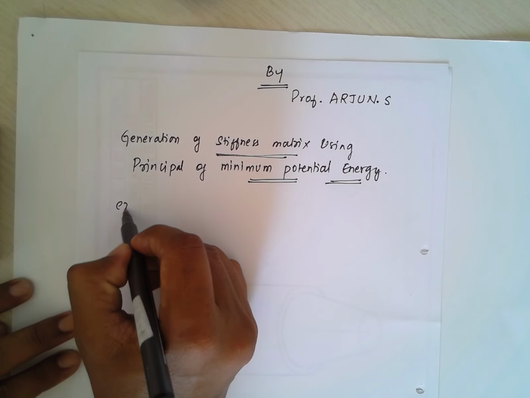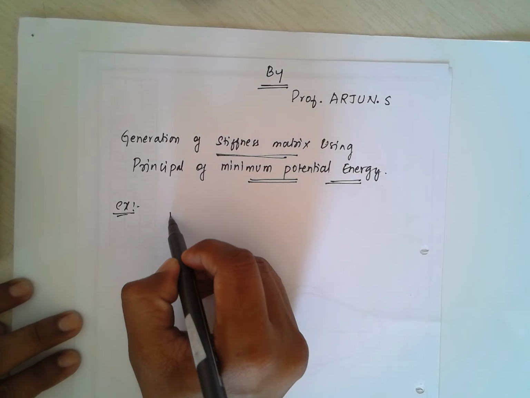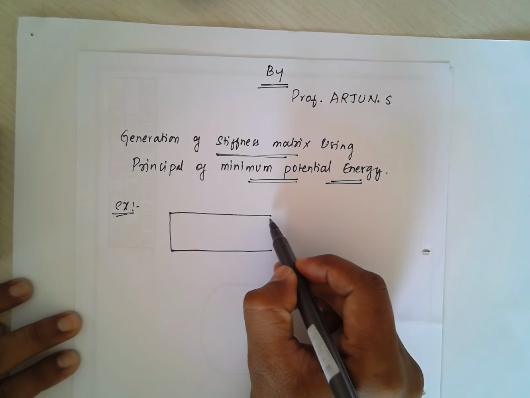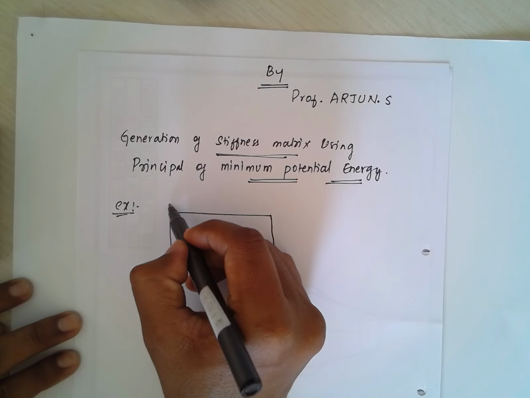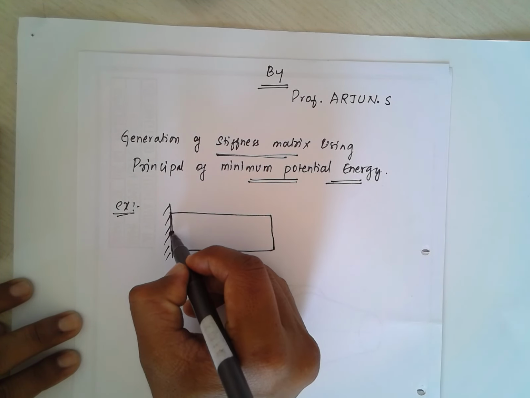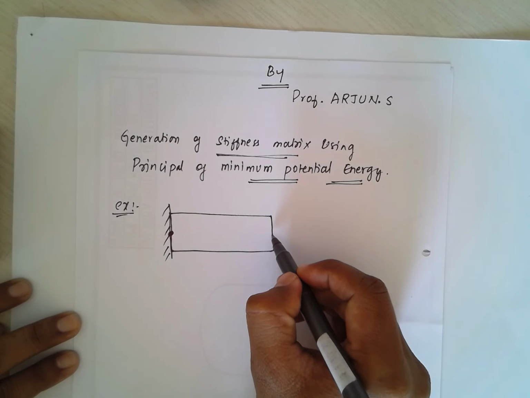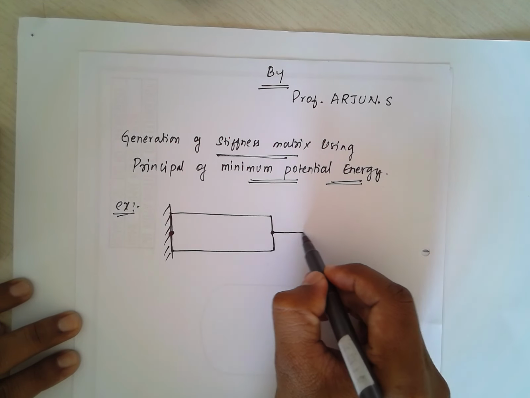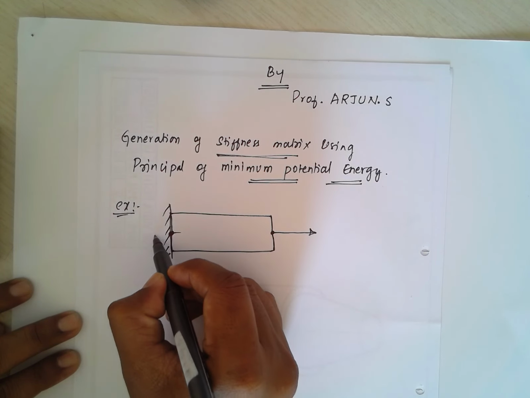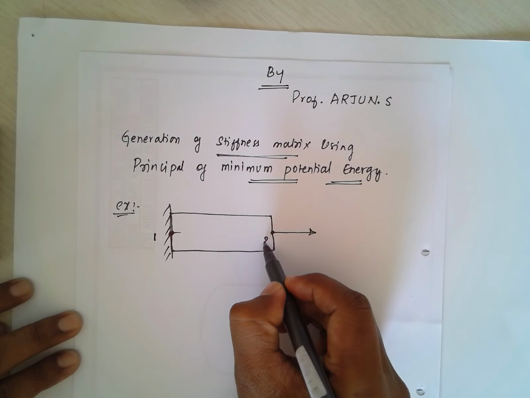For this, I'll consider a one-dimensional bar element as an example, having two nodes and each node having 1 degree of freedom and subjected to a force F. Okay, so for instance we will consider this as node 1 and this as node 2.